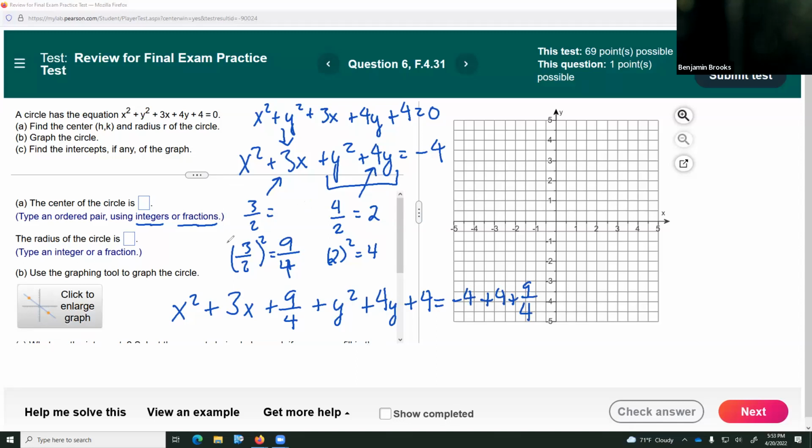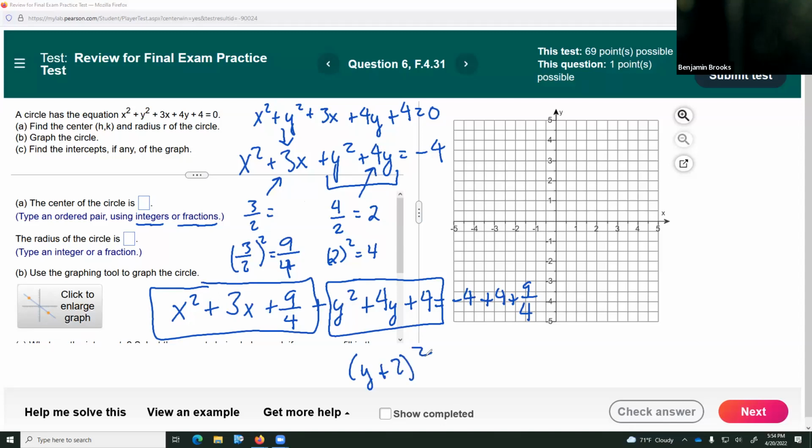Okay, impressive. All right, so now we're going to use the value that we got first from the b over 2 to simplify these two things. For the first one, we're in it with y plus 2 squared. Why is it y plus 2 squared? Because this number was 2. Everybody see that?